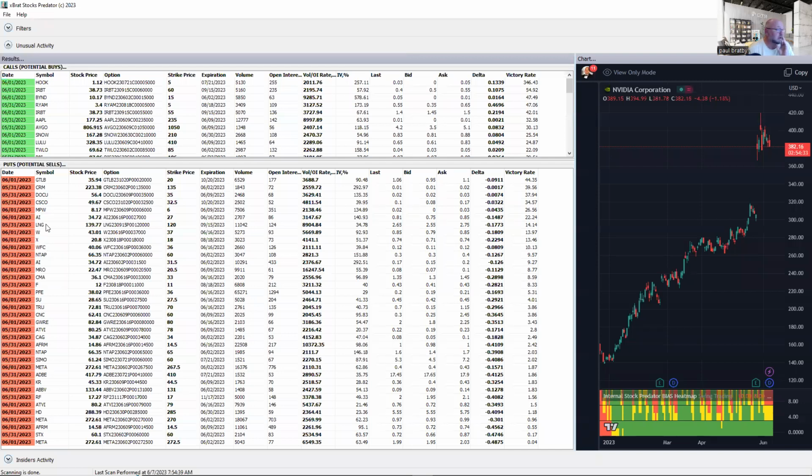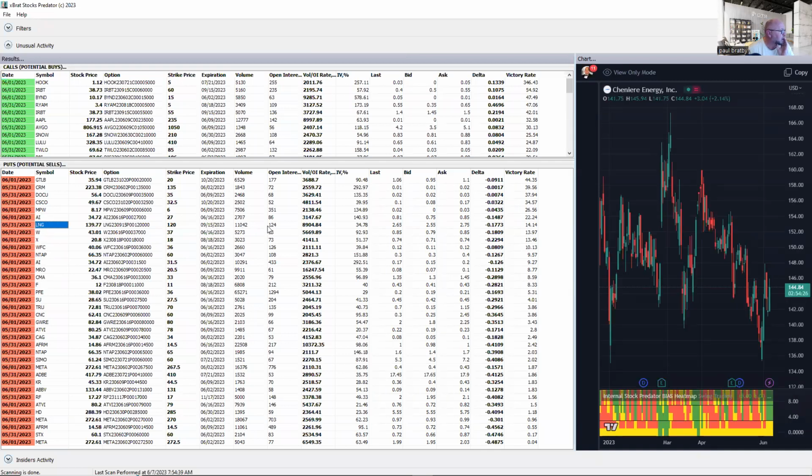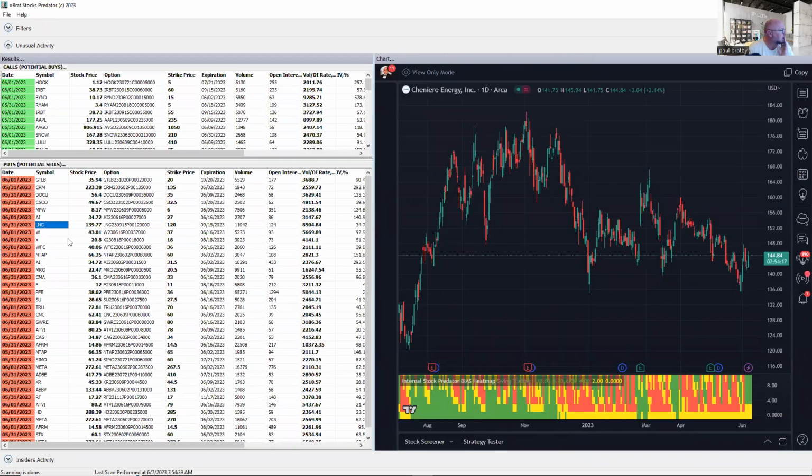I'm going to say LNG, because that's got an expiration of 15th September and a strike price of 120. So I'm going to have a look at that. So LNG. I'm actually looking at some of the expirations, and they are very short term.